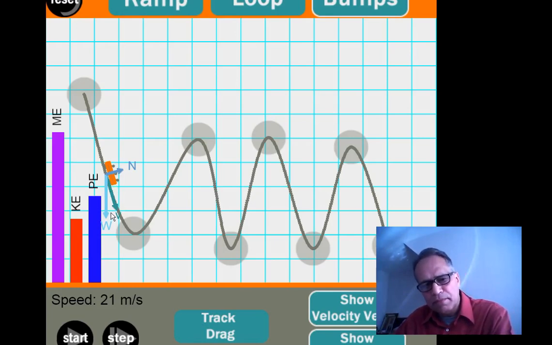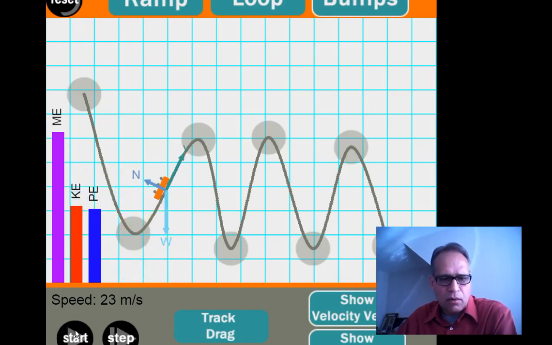Through this lab, you will analyze not only the energy levels and the conservation of energy principle, but also how the force vectors act: the velocity vector, the weight vector, the normal reaction vector, and how these vectors play a part as you roll down the car. You can stop it anytime and see the velocity vectors and the normal reaction vectors.